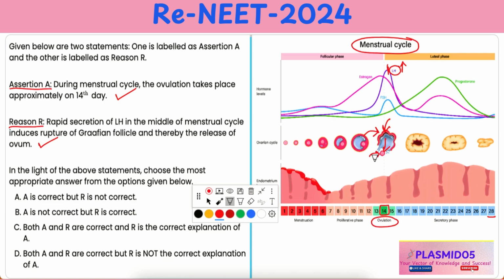And this surge in LH is what directly causes the release of the ovum. The reason given, that is the LH surge leading to ovulation, directly explains why ovulation occurs around the 14th day of the menstrual cycle. Thus, reason is the correct explanation of the given assertion. Hence, the correct answer is option C.